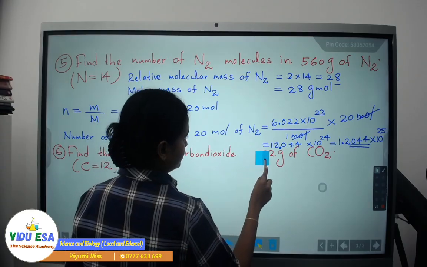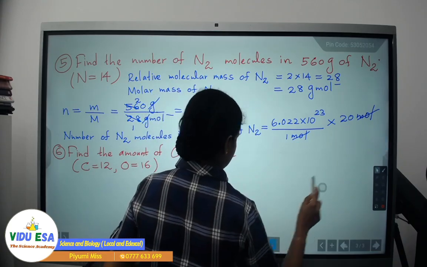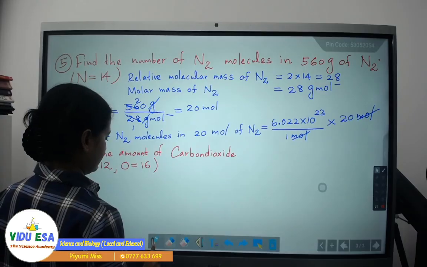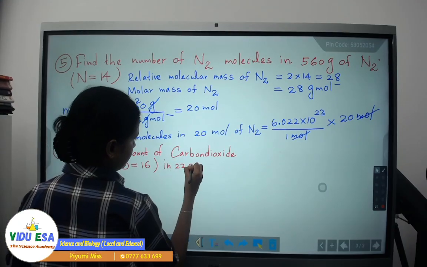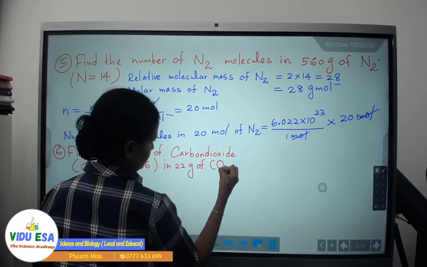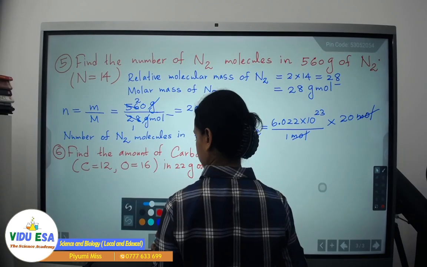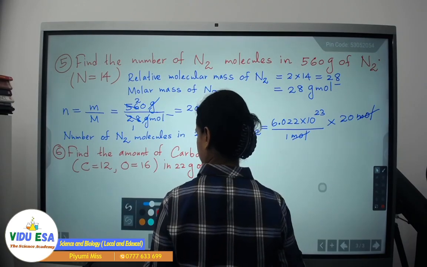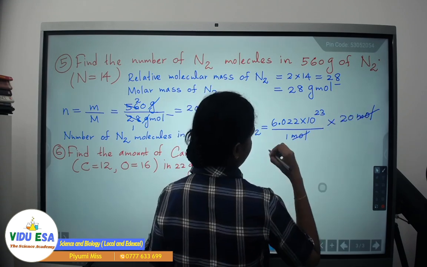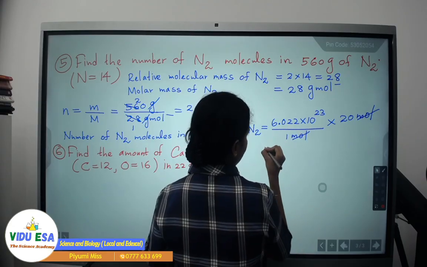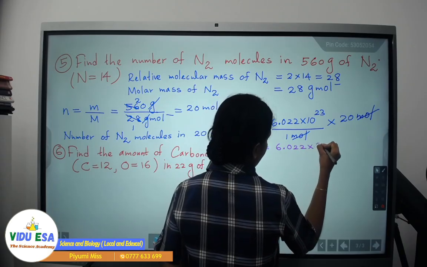In 22 grams of carbon dioxide. Let's race. Okay, now it's like this. 6.022 into 10 to the power 23 into 20. So I will multiply 6.022 into 20.